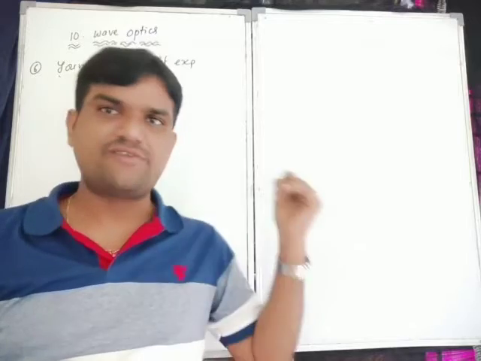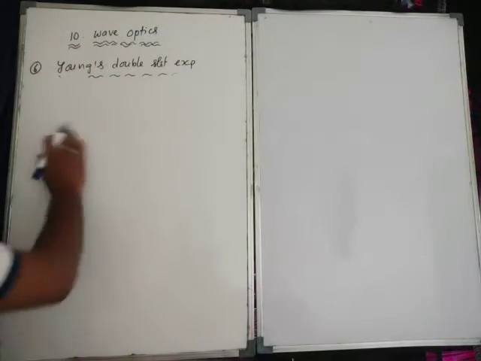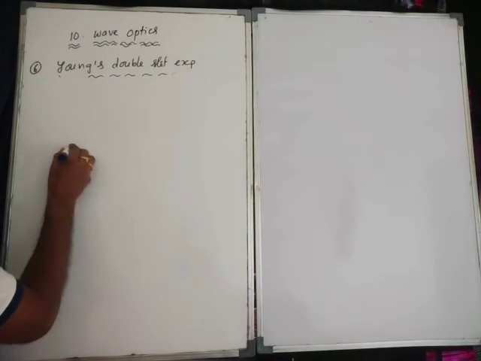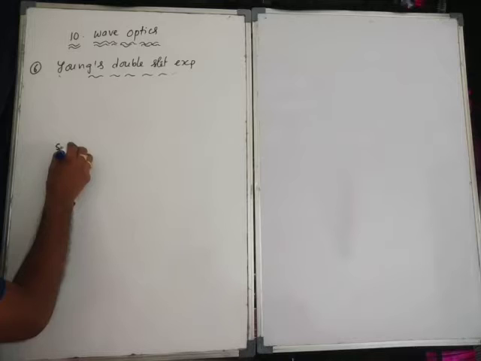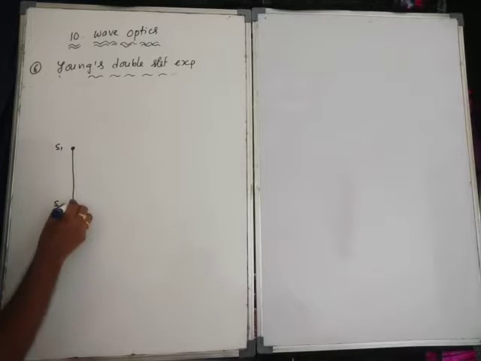So for that purpose I will use a small idea. For example, here I have already given two slits. This is slit 1 and this is slit 2. From here to here the width of the slit, this is d.